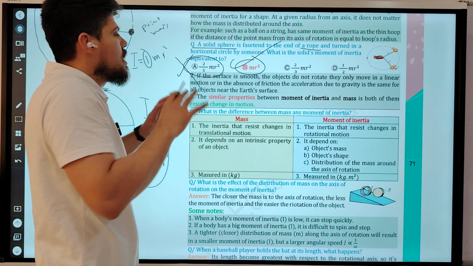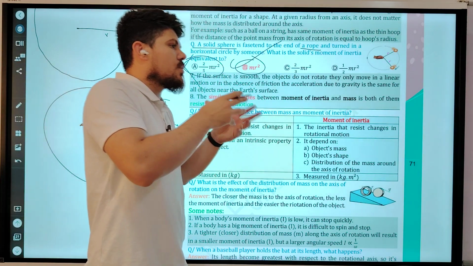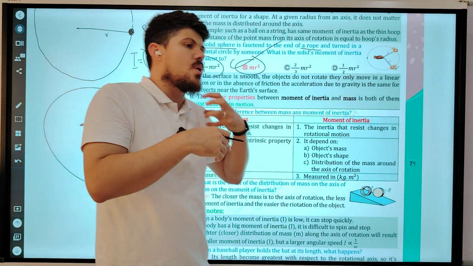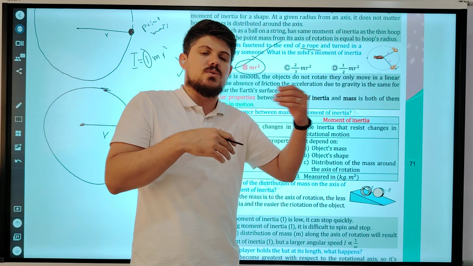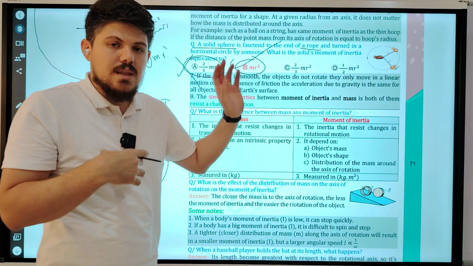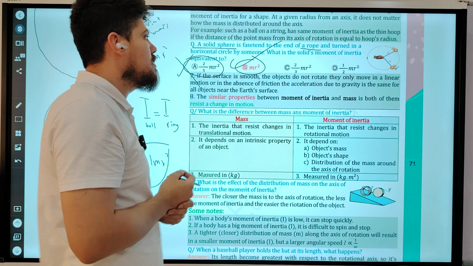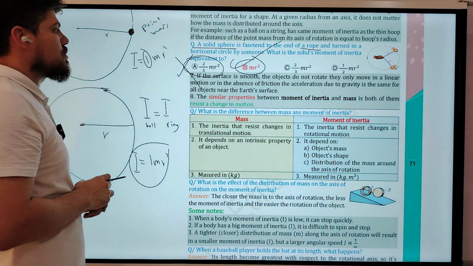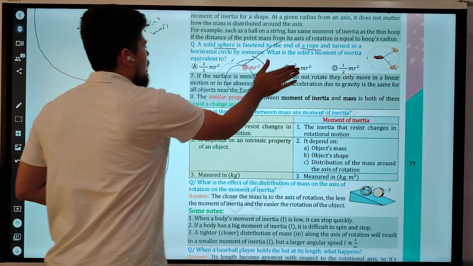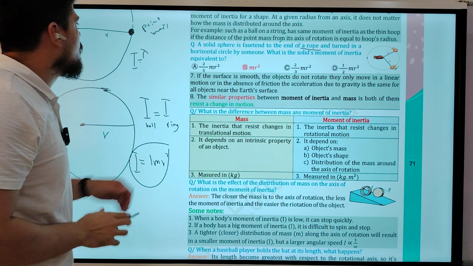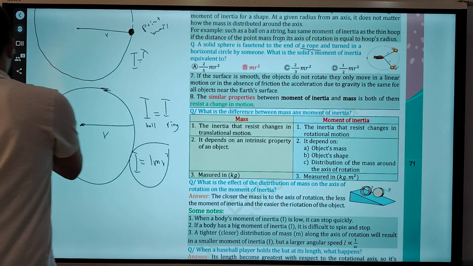But when the question says, which of the following is correct for the bowling ball when it is rolling through an incline or through the flat road? In that case, when the solid sphere is rolling about its diameter, the moment of inertia is equal to 2/5. Okay, if the surface is smooth, this is very important, pay attention, please.